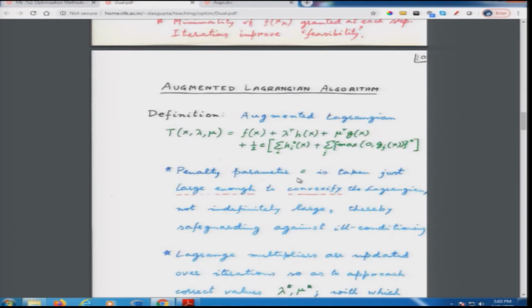So, the Lagrangian does not have to be convex at the solution point, at the optimal point x star, but addition of a suitable penalty term may make it convex at the solution point, and that is what this penalty term does in the augmented Lagrangian method. And for that, whatever penalty parameter value is sufficient, that is what we take. We do not take it indefinitely large. A reasonable value is good enough. Okay. So, it safeguards against any ill conditioning. This is one important point.